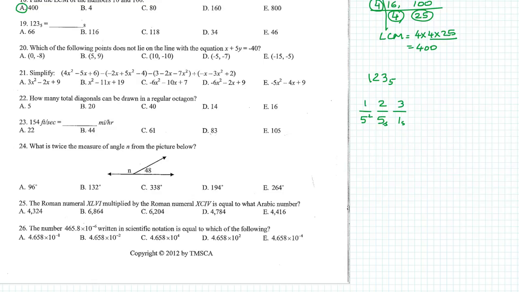So 5 square is nothing but 25. So now we multiply 25 with 1 and then add that to the product of 5 and 2 and add that to the product of 1 and 3. So what this will give us is the number in base 10.